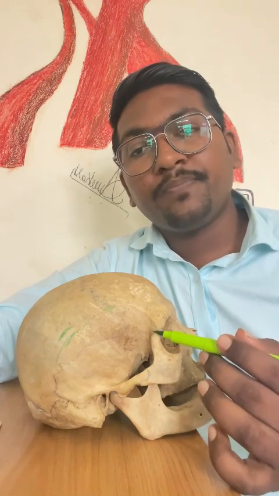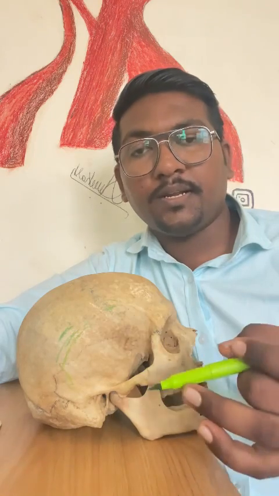In that, first we will discuss the temporal lines. There are two temporal lines, superior temporal line and inferior temporal line. The superior temporal line goes upwards and backwards and fades away, and the inferior temporal line goes upwards, backwards and comes downwards on the supramastoid crest of the temporal bone, and the supramastoid crest of the temporal bone attaches to the posterior root of the zygoma.